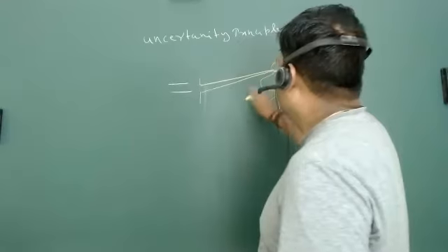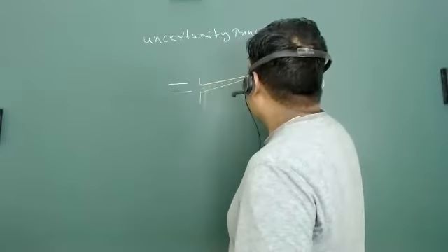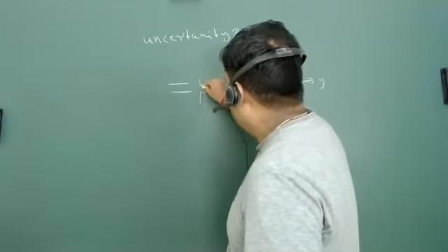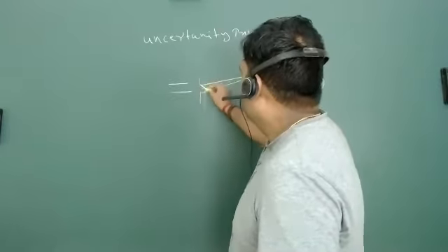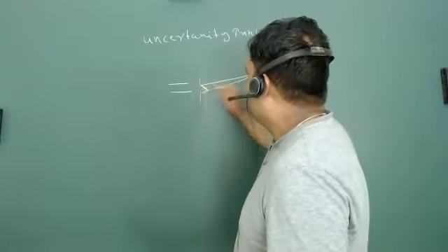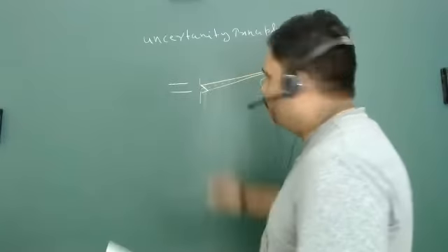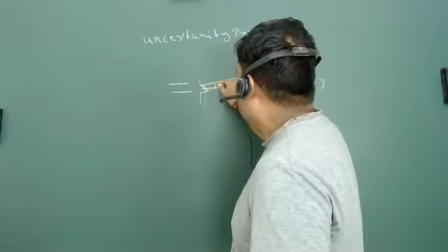Suppose this is the central part, and this is the path difference, and from the x-axis this angle is, let's say, theta.